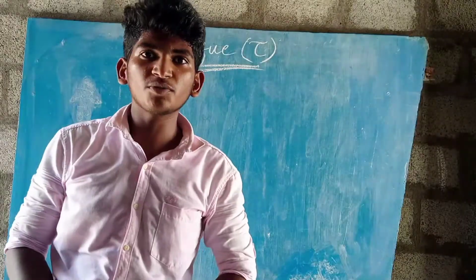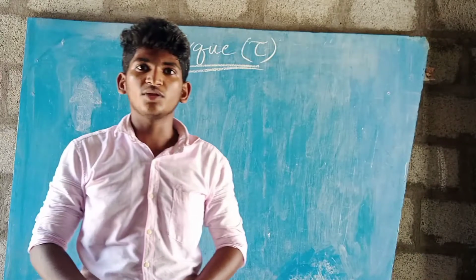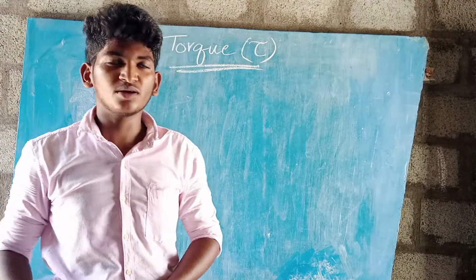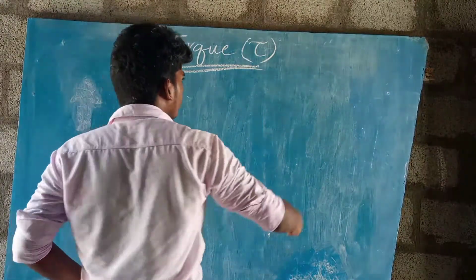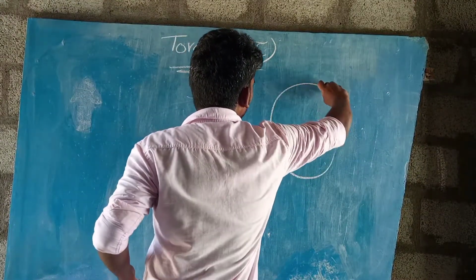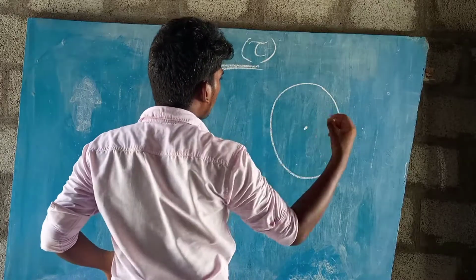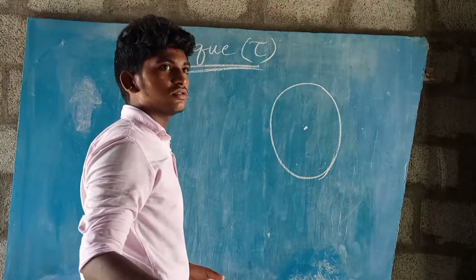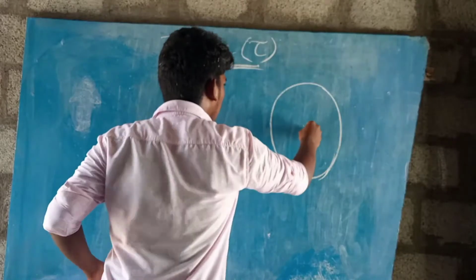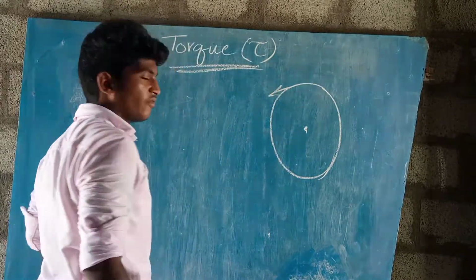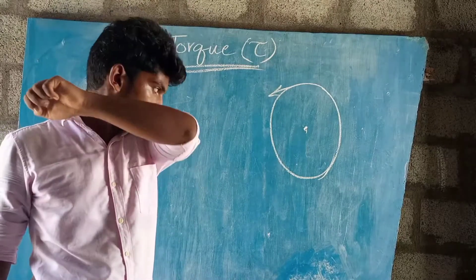Here it is also important that if the force passes through the axis of rotation, then no torque will be produced. If this is the orbit which the particle travels and this is the axis of rotation, and the force passes through this axis of rotation, no turning effect will be produced.